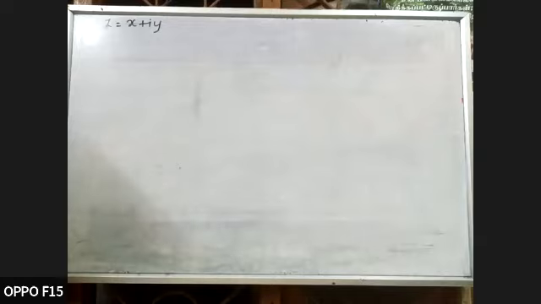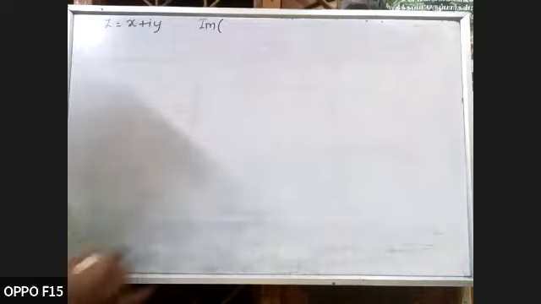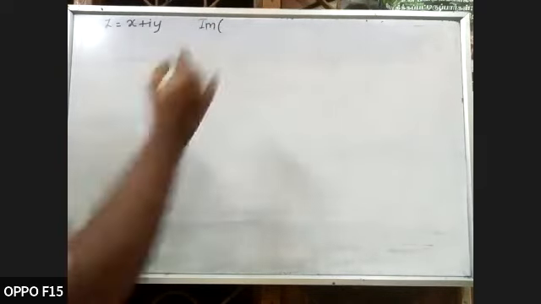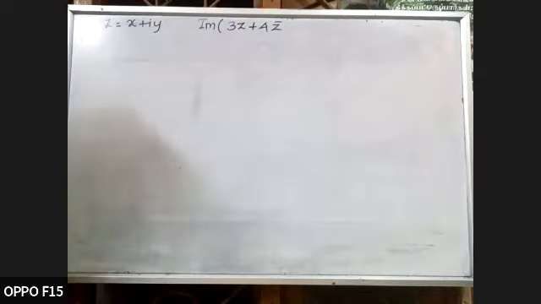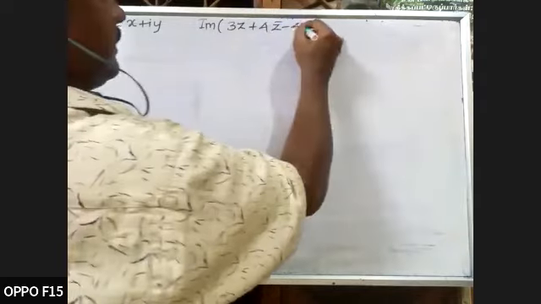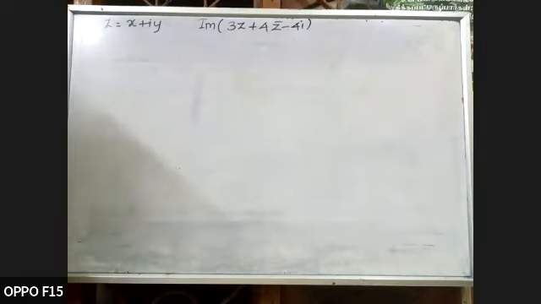Then find the imaginary part of 3z plus 4z conjugate minus 4i.